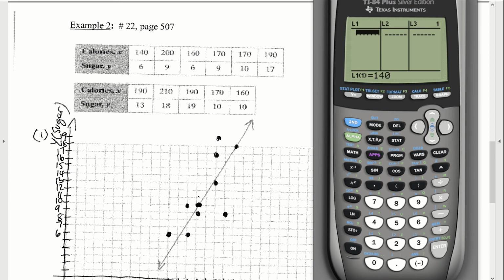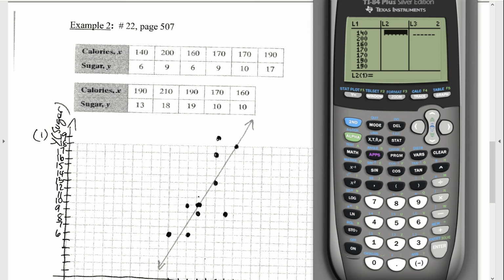That's 140, 200, 160, 170, 170 again, 190, 210, 190, 170, and then 160.